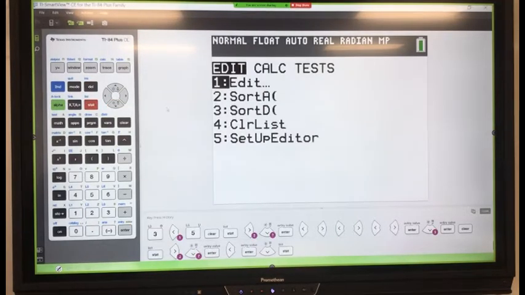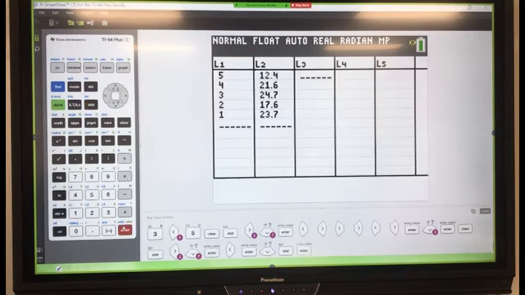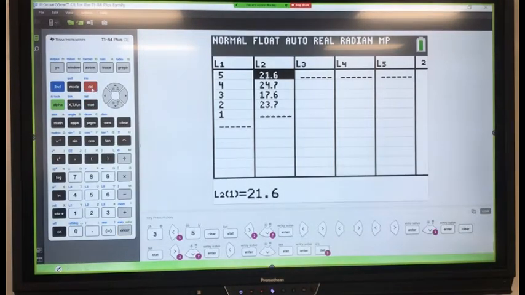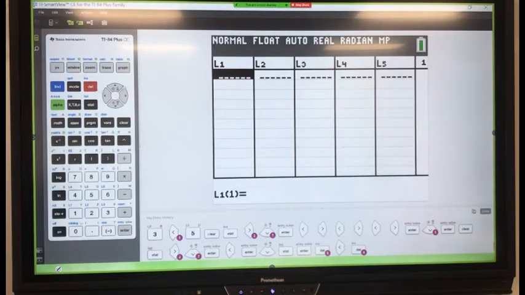So stats, edit. I got some things in there, so let me delete. Go ahead, delete everything you have in list 1 and 2. We're only going to need list 1 here, so let me enter.